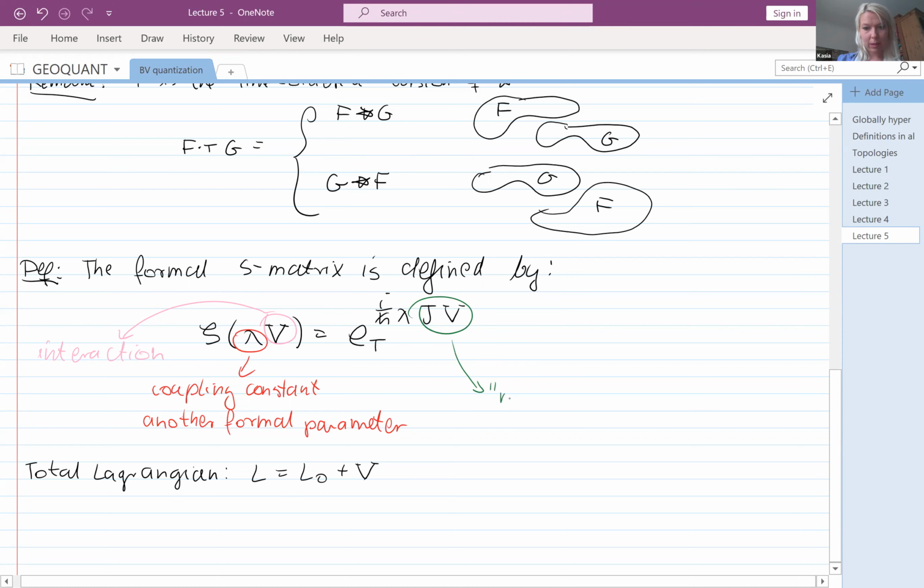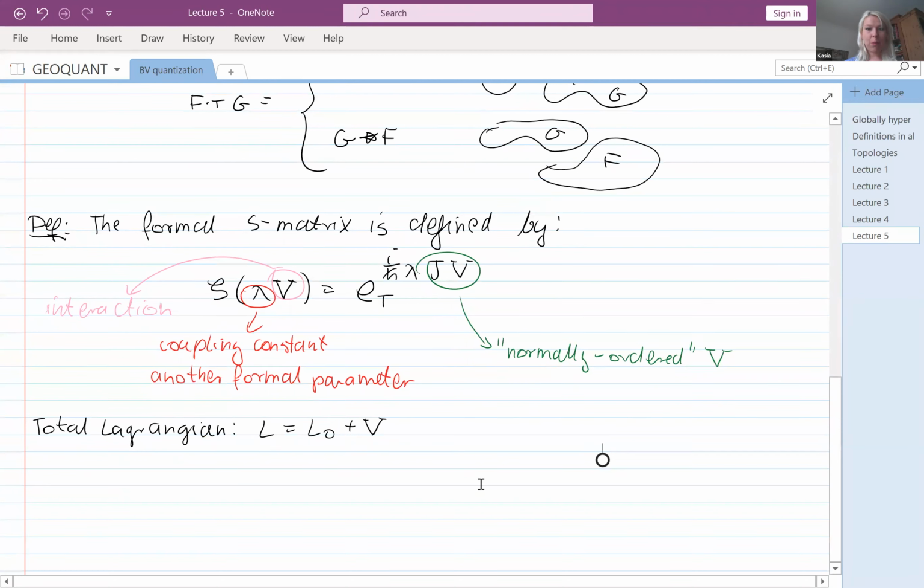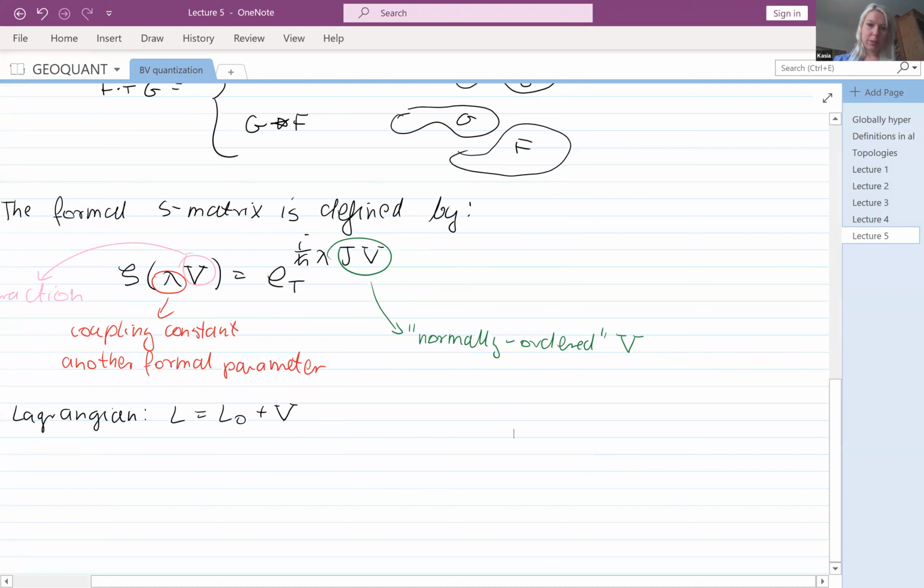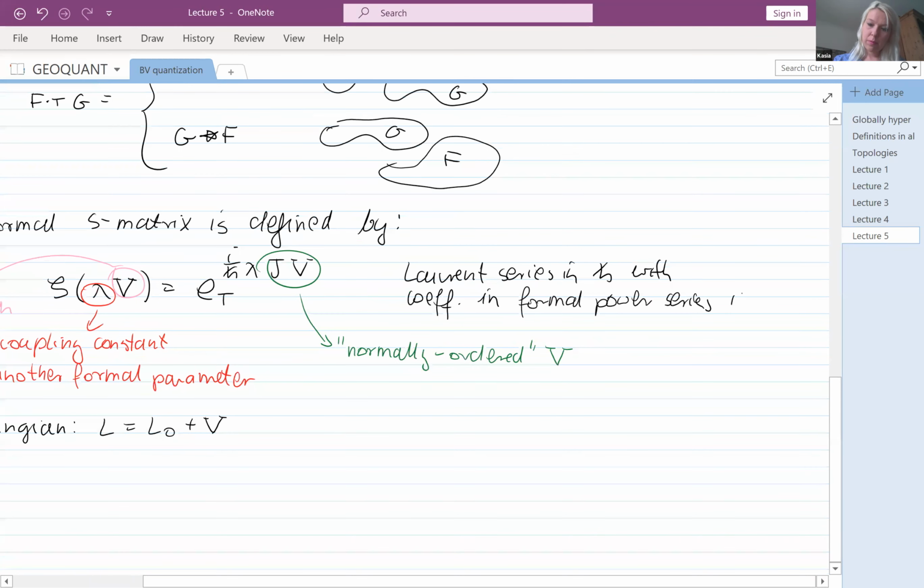So this is something like a normally ordered version, or just normally ordered V. Okay, so with all these caveats, this object here is now a formal power series in lambda, and because we have here negative powers of h bar as well, a Laurent series in h bar with coefficients in formal power series in lambda.